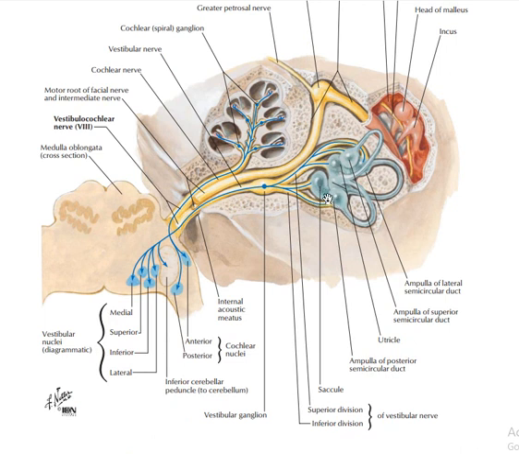So the static balance of the human body comes from the saccule and the utricle. But for dynamic balance, when you are moving and you are involuntarily balancing yourself, it is via the ampulla from the semicircular canal.